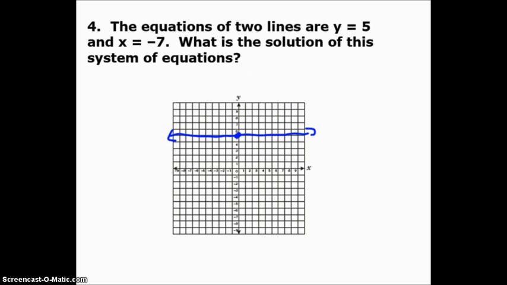And x equals negative 7 is going to be the vertical line through negative 7 on the x-axis. There's negative 7. So this is my point of intersection, and that's negative 7, positive 5.